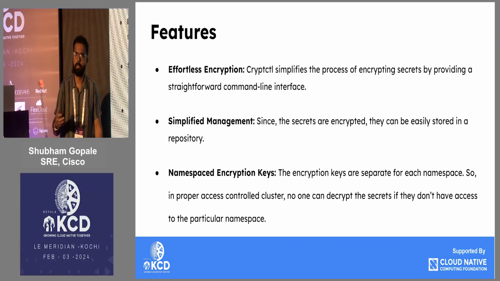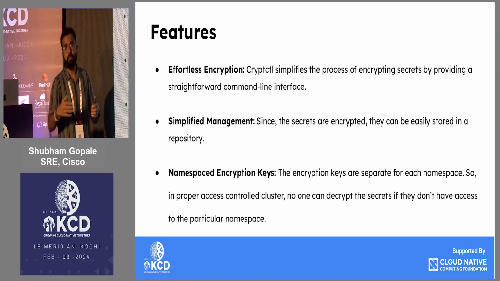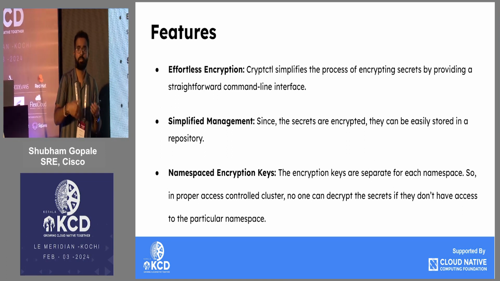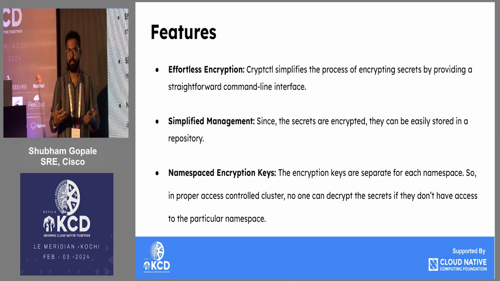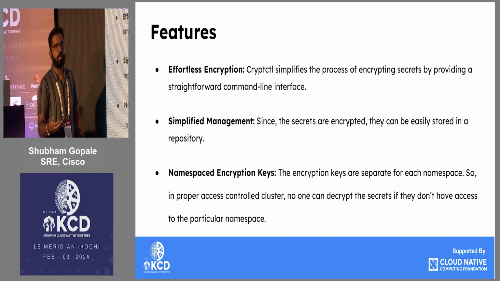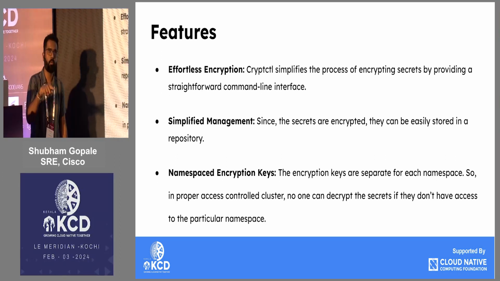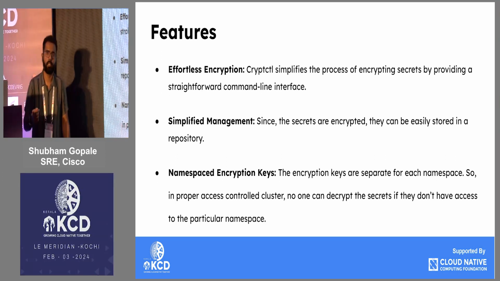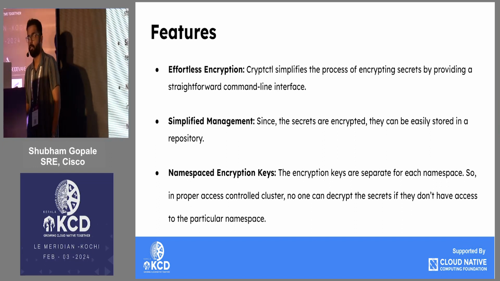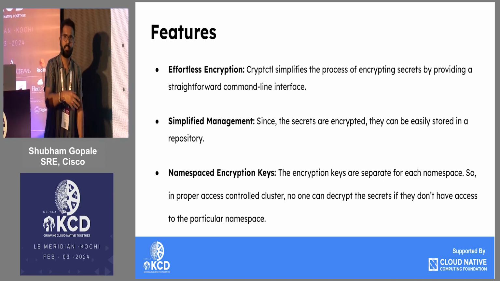For example, Kubesil gives you one encryption key, and whatever team is using it will be able to use the encrypted secret manifest to get those secrets in their Kubernetes cluster. Since the encryption key is only one, you can't really have RBAC over it. You can't say these guys belong to this particular namespace, so only this namespace will be using these encrypted secrets.